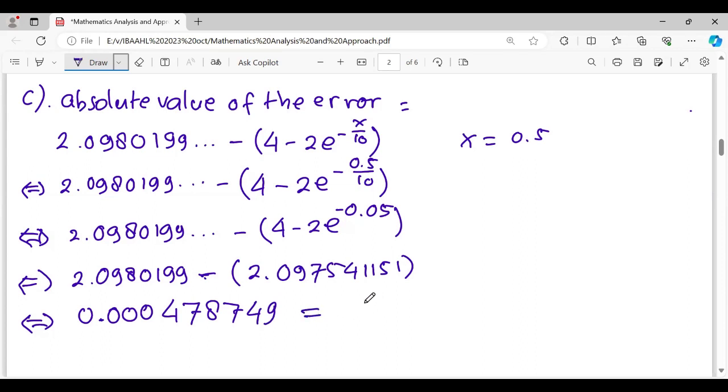Or in decimal, I'm going to change it to times 10: 1, 2, 3, 4. Okay, 4.79 times 10 to the power of minus 4. This is the absolute value of the error.